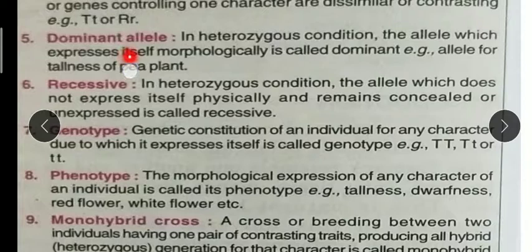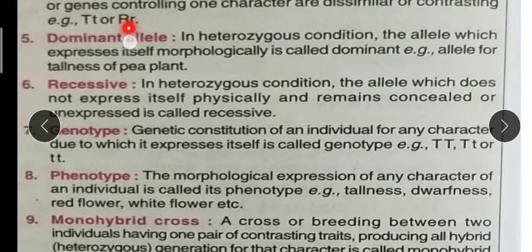Dominant allele is also called super ruling. I told you that if a dominant allele is present in the gene, it alone rules. It suppresses and controls the other allele, the other character of the gene. So dominant is a super ruling gene or allele. In the heterozygous condition, Tt or Rr, we know it has both the gene for tallness and dwarfness, roundness and wrinkledness, but the dominant will show the character.